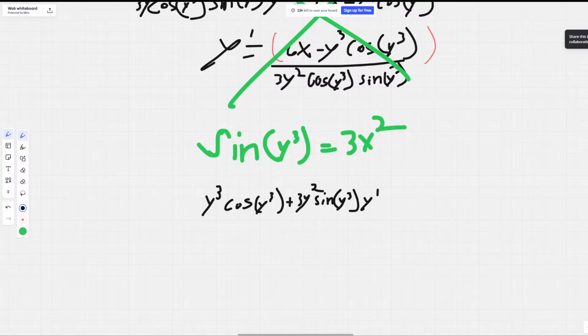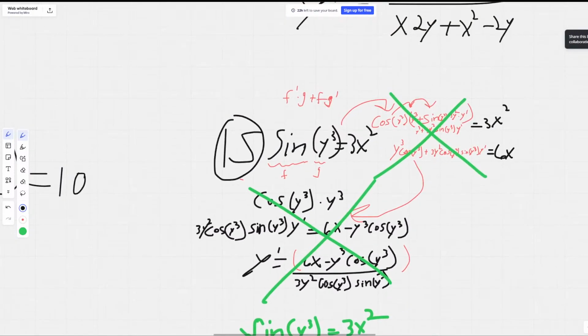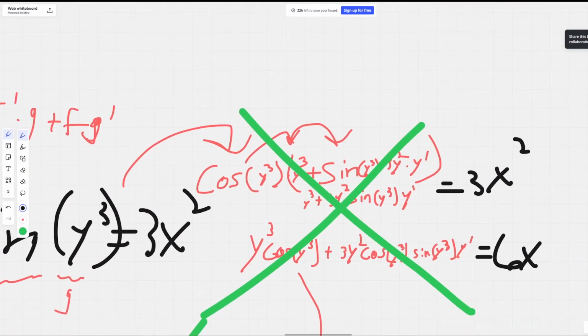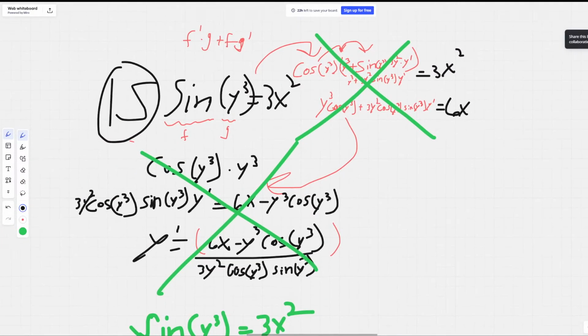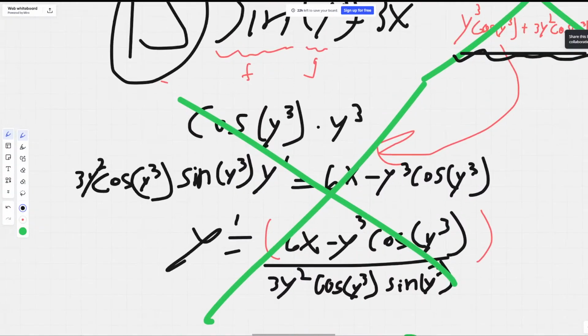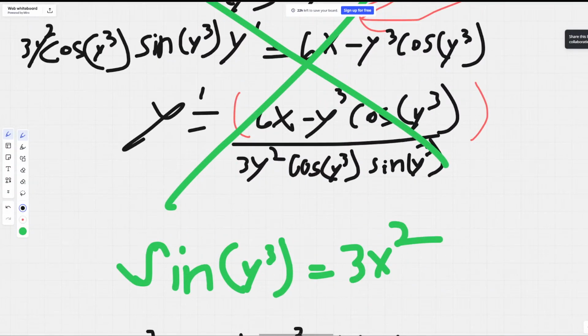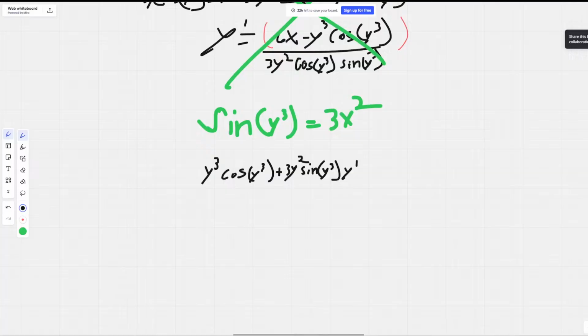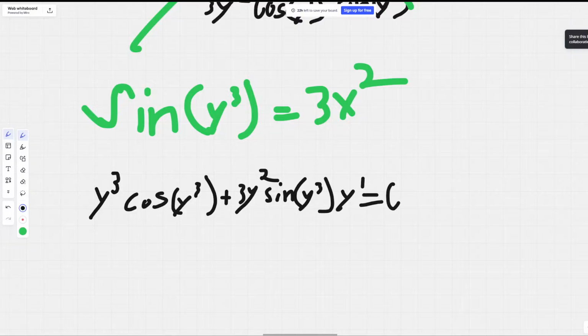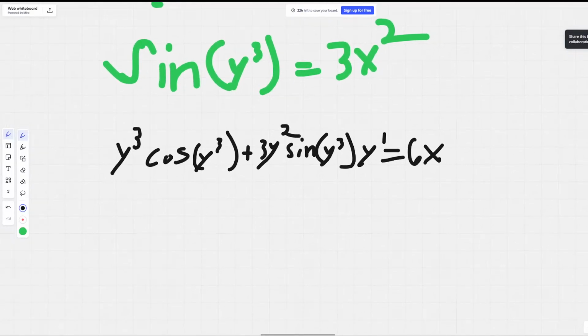See, last time, instead of putting these together, squishing it back like I did before, I took it and distributed it to the y cubed plus sine, which gave me this whole string of something or another. And all came together into this big old mess. So instead of doing that, I squished it together this time. Looks a lot nicer to deal with.